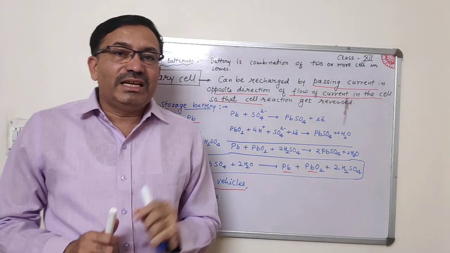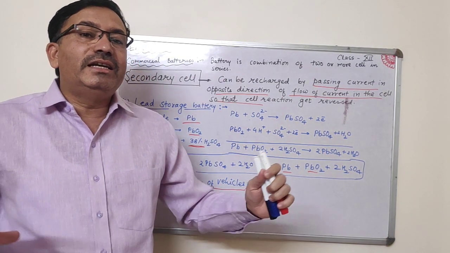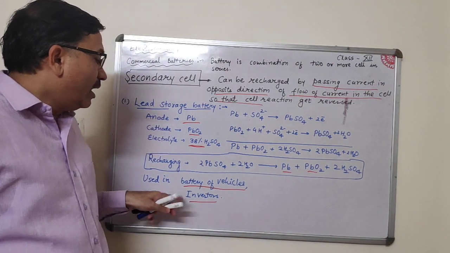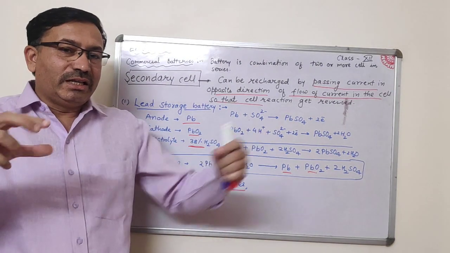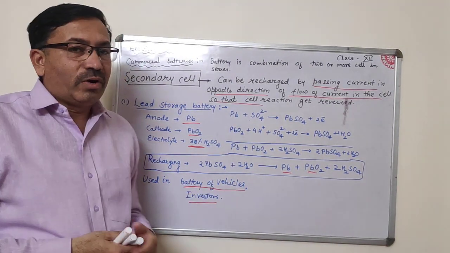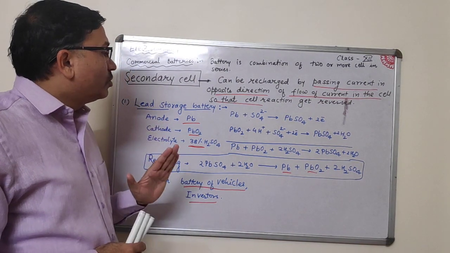One lead storage cell produces a 2 volt potential difference. With 6 connected, that is 12 volt, generally used in inverters. In small vehicles, 3 cells connected in series produce 6 volt. So this is one example of a lead storage battery.